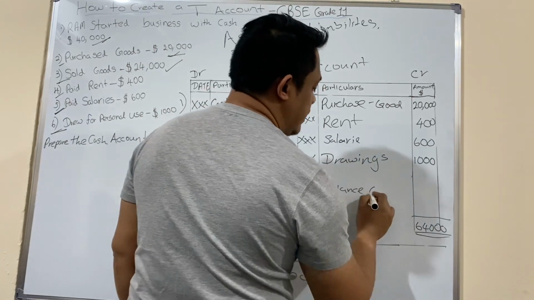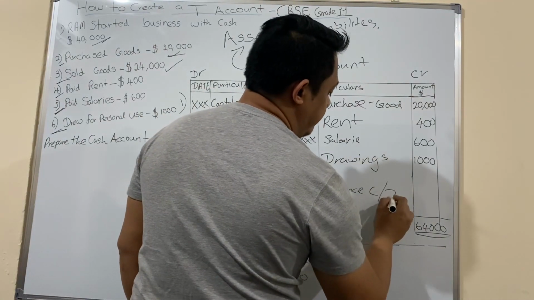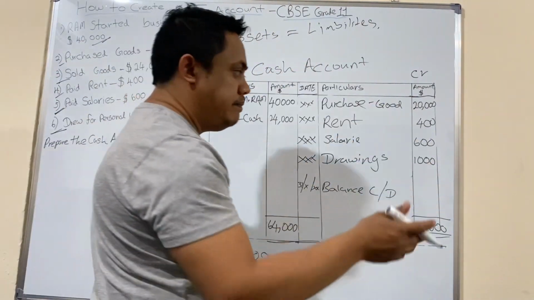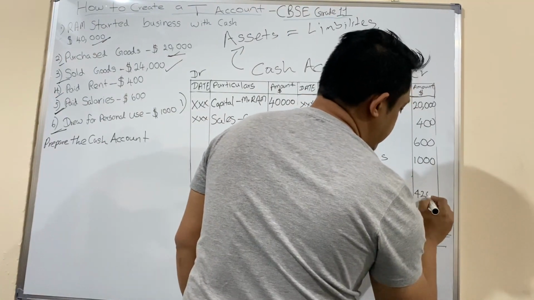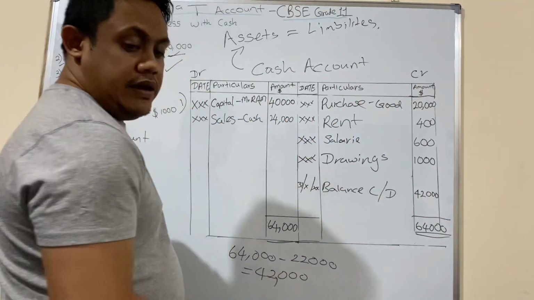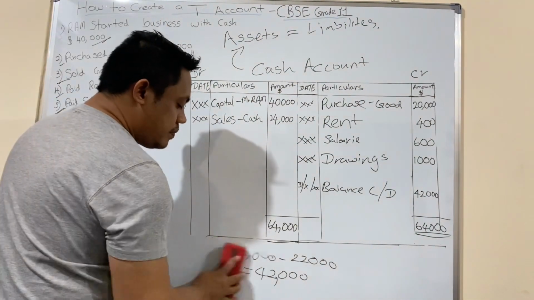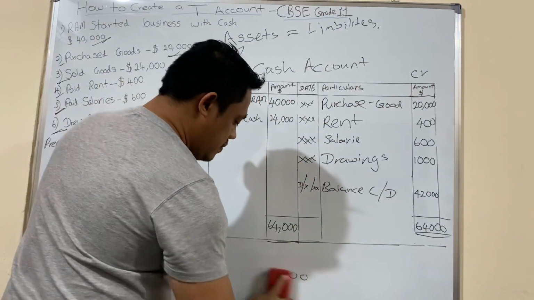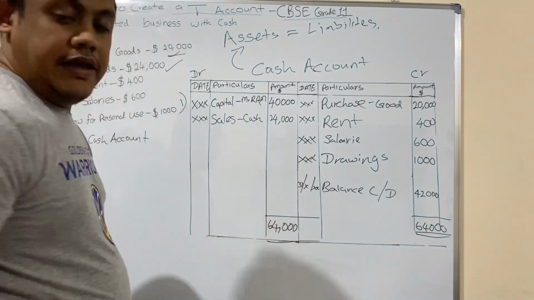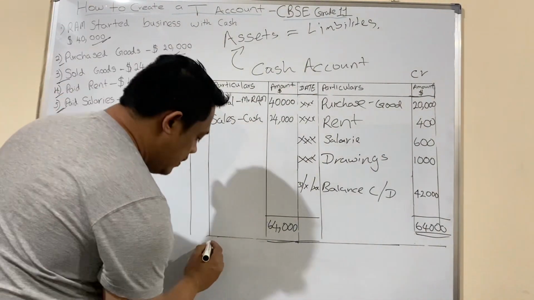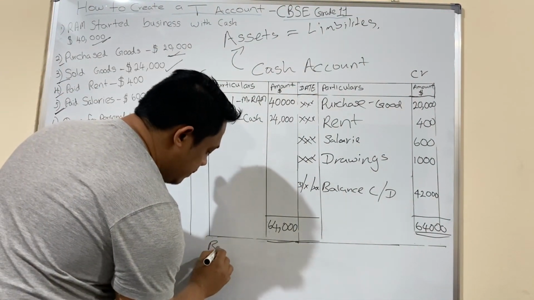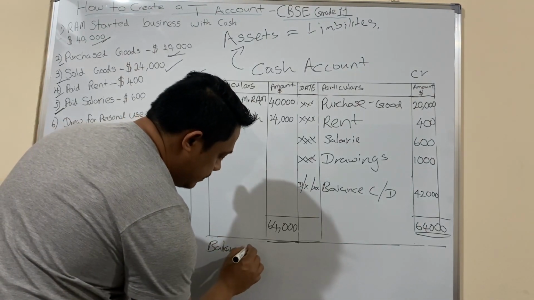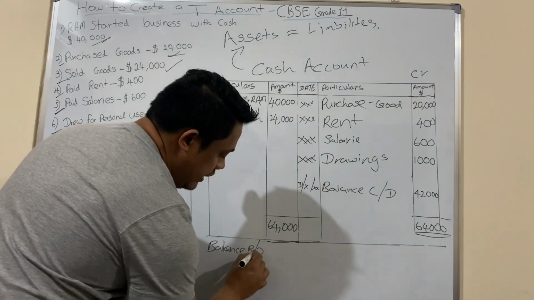So balance carried down. What is the meaning of CD? Carried down. Balance carried down, 42,000. And balance BD.